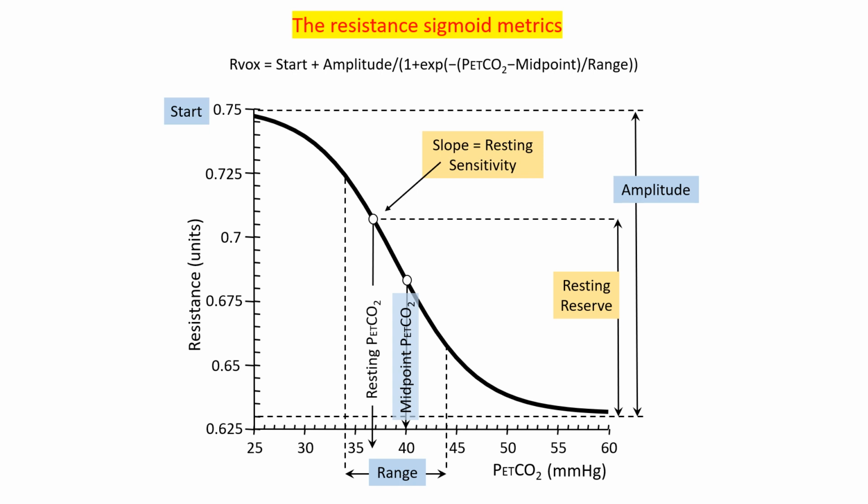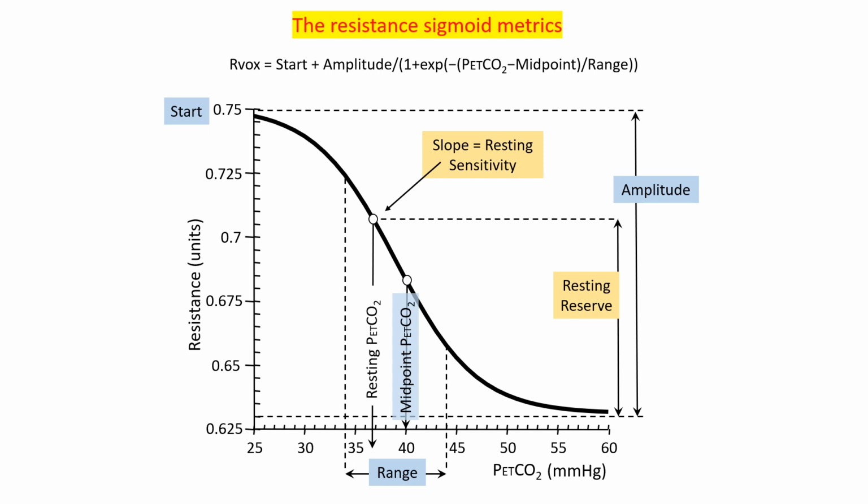The resistance sigmoid parameters shown here are as follows. Start is a relative measure of the vasoconstrictive flow limit in terms of resistance. Amplitude, a measure of the maximum extent of vasodilation and constriction flow limits in terms of resistance. Midpoint is a measure of the displacement of the response with respect to CO2, explaining the B and D types of response, as we shall see.